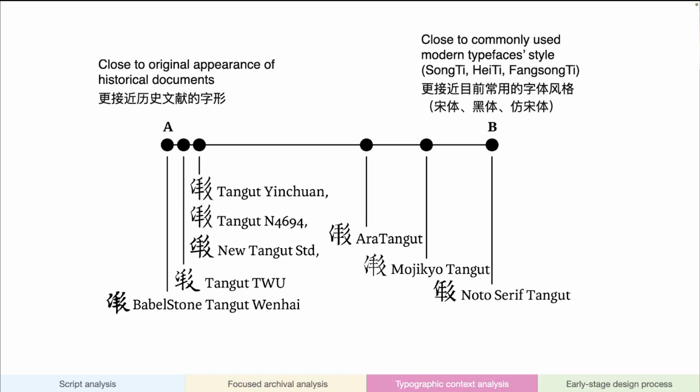I mapped existing Tangut typefaces along this spectrum to see where there is still room to explore and what the current typefaces concentrate on. I also developed a Tangut typeface in my research called Tangut Books, and it is roughly positioned here.